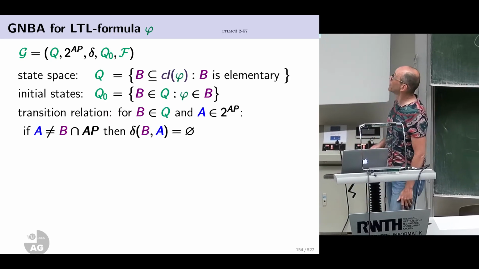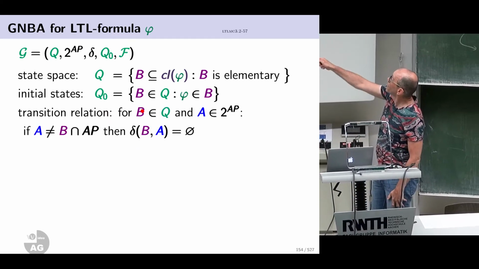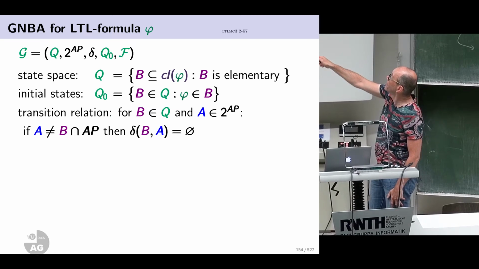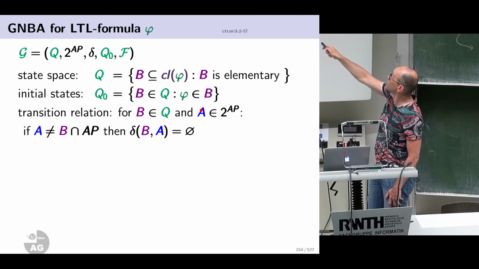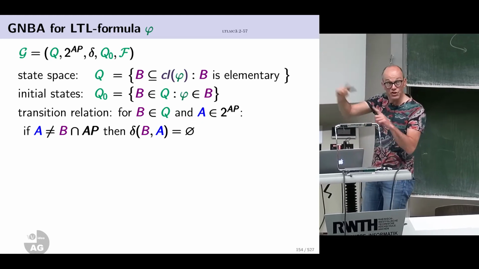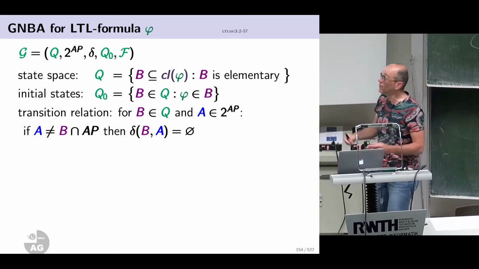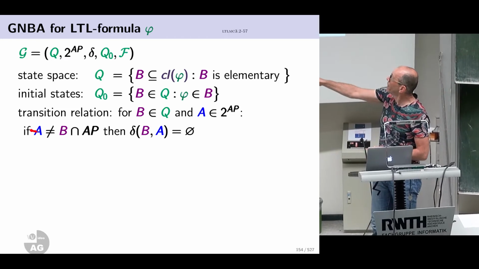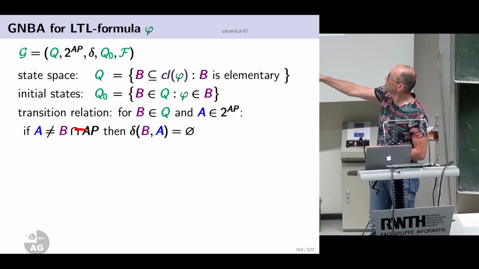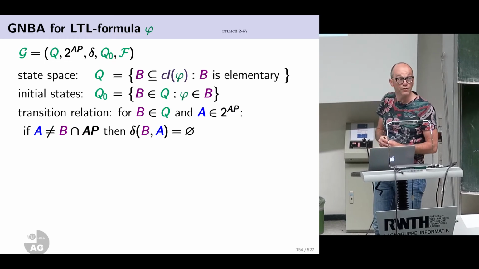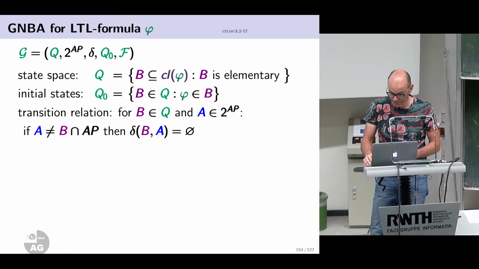And then there is a transition relation that says the following: give me a state B, and we're going to look at the transition relation with respect to some set of atomic propositions A. Because the transitions are labeled with sets of atomic propositions or logical formulas. And this says, okay, if A differs from the set of atomic propositions in the current state, then there is no outgoing transition from B with the symbol A.